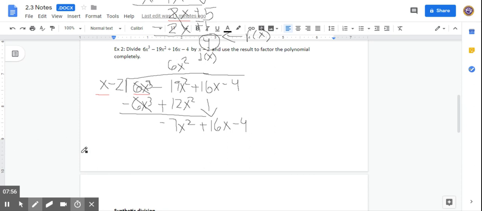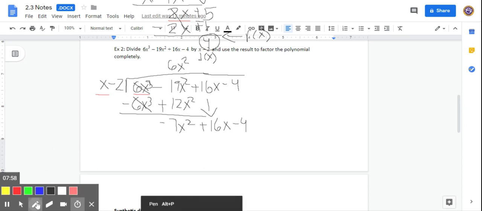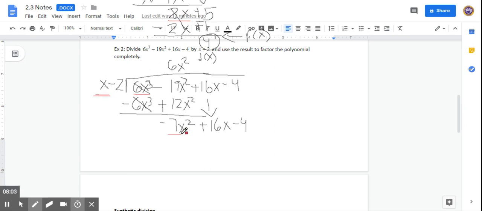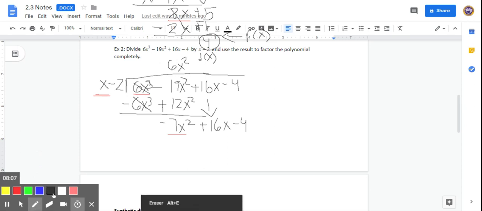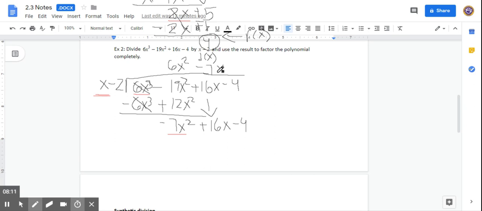So now from here, we want to look at x, and we want to compare it to negative 7x squared. What do I need to multiply by? Here, I need to multiply by negative 7x. So I write minus 7x up at the top, and then I multiply this by both of my terms.